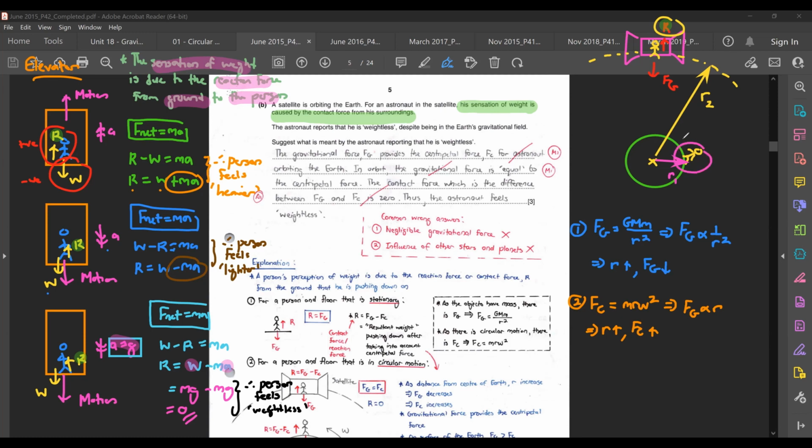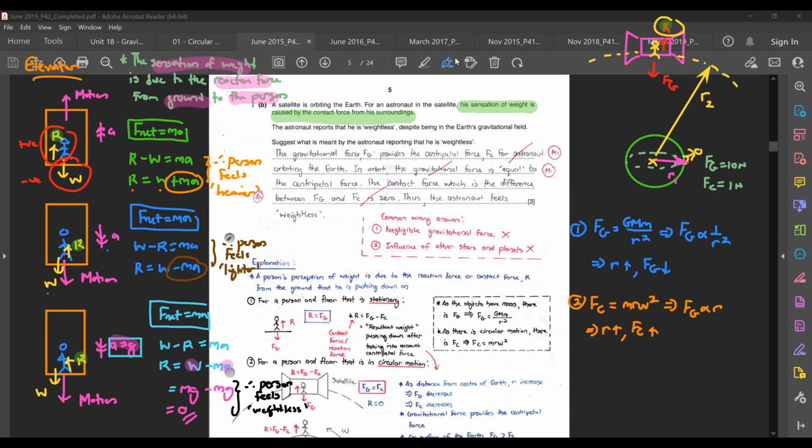When your person is standing right over here, it could be a case where his gravitational force is, say, maybe 10 Newton, but his centripetal force required for him to move in a circle like this around the equator is maybe just 1 Newton.